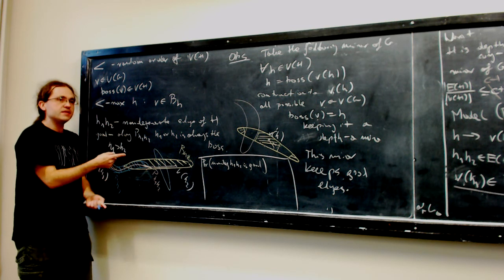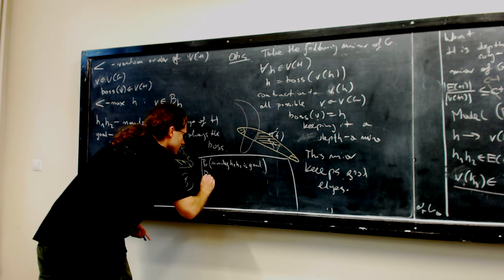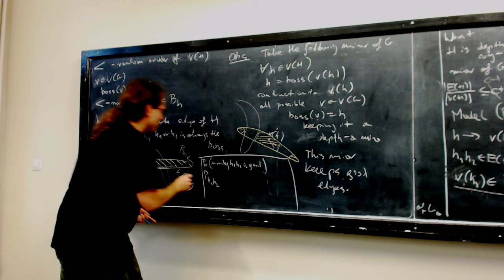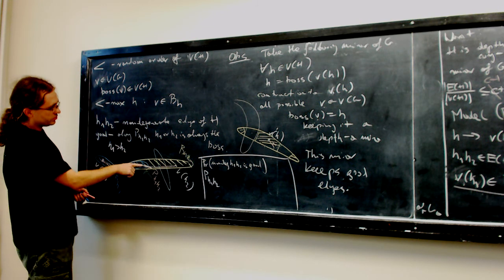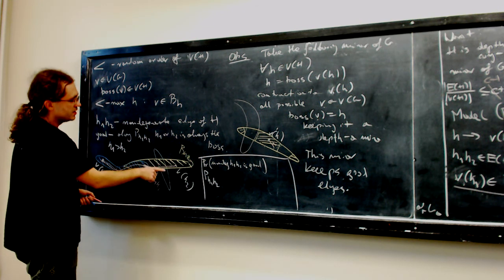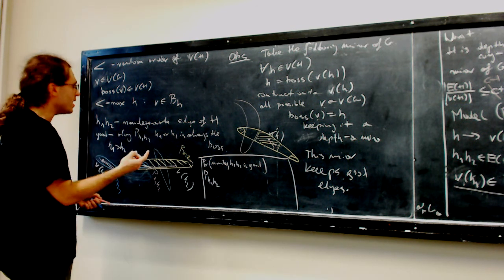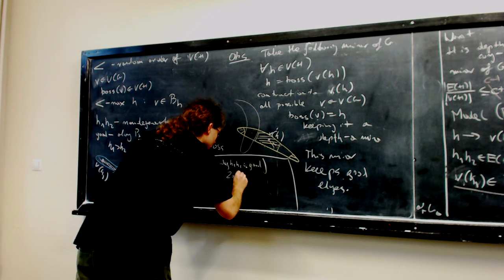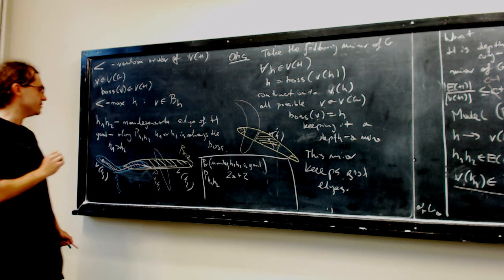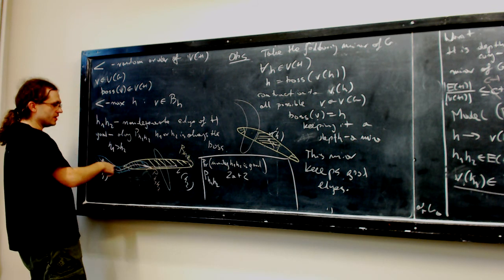But how many of these will this path meet? This path here, H1 to H2, has this blob of radius A and this blob. So it sees, I think, 2A plus 1 to 2A plus 2 vertices, because this is length A here, and length A here, and then an edge.